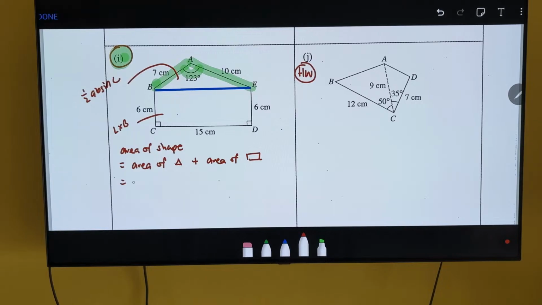So for the first part, we have half AB sine C. And for the second part, we have length times breadth. So let's input these values into the calculator.